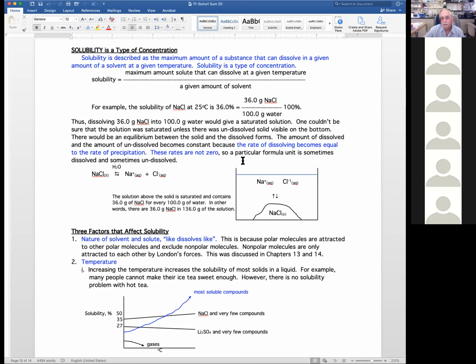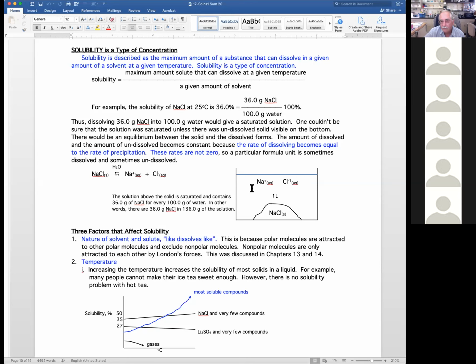So here I'm putting sodium chloride into water. If this were 100 grams of water, I could put 1 gram and it would be considered maybe dilute. I could put in 30 grams and we could consider it concentrated. If I put in 36 grams, we would consider it to be saturated.